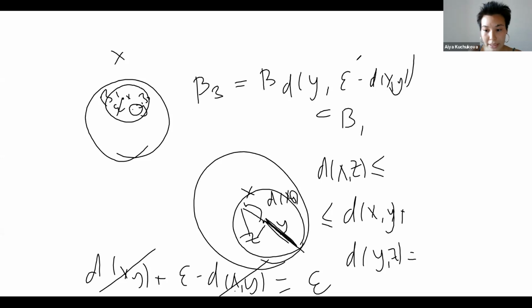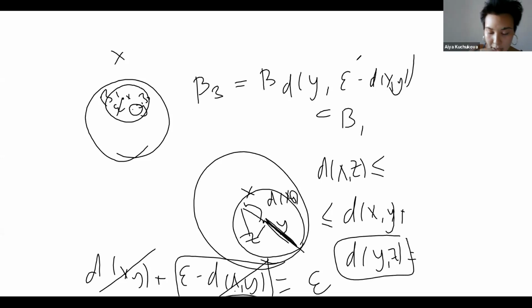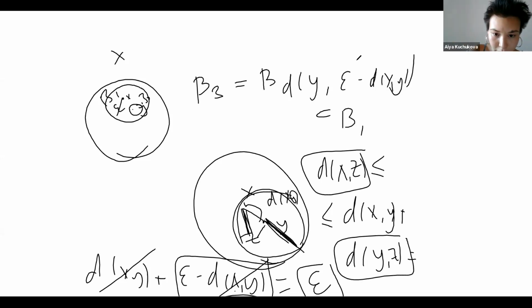And why? Because we specifically defined the radius to be this, right? And so now it nicely cancels out, and we have the distance between x and z less than epsilon. So what we just proved is that for any point in this smaller ball B2, as long as it stays inside of the B2, it would stay inside of the B1. But you also can see it from the image, of course.